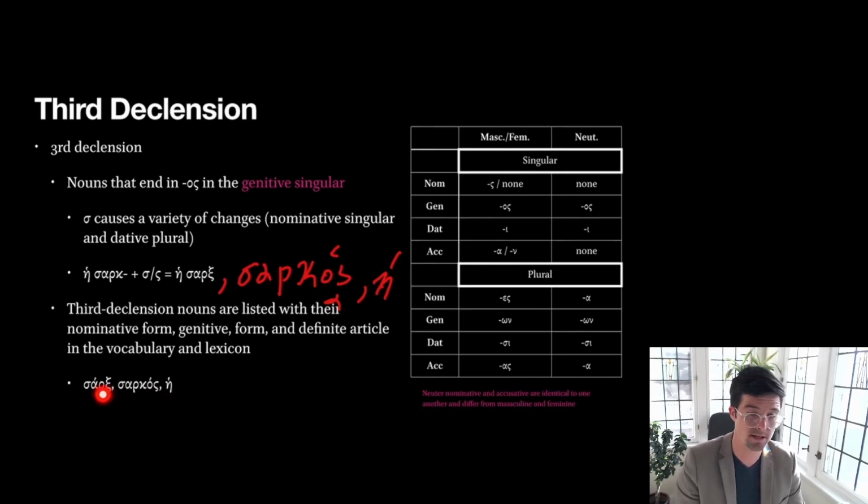So in this case, sarx is a feminine noun because we have the feminine nominative singular definite article. If you have the masculine singular ho, then you know that you have a masculine noun, and remember, gender is not going to change with respect to Greek nouns. Or if you have to, then you know that you have a neuter third declension noun.